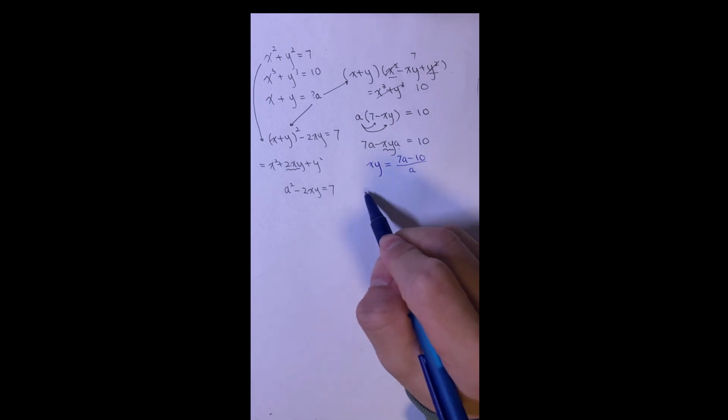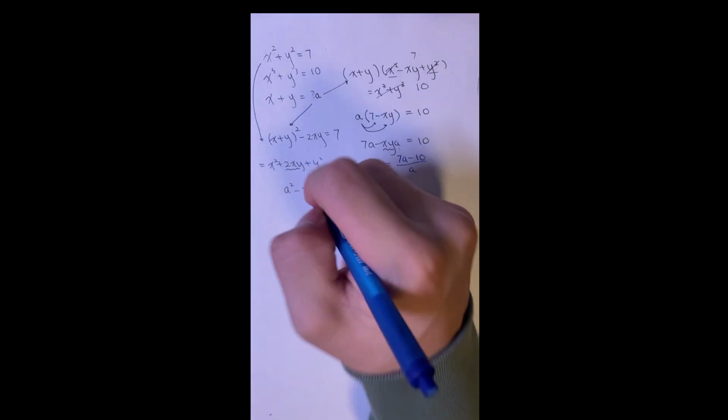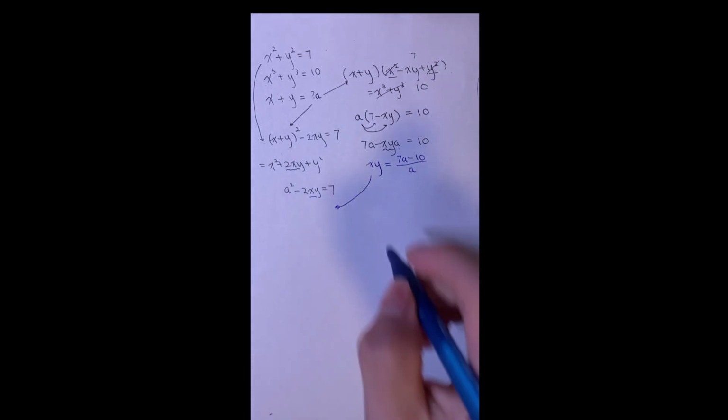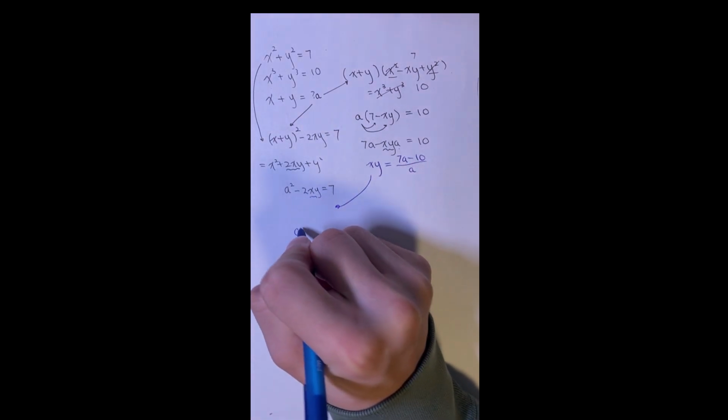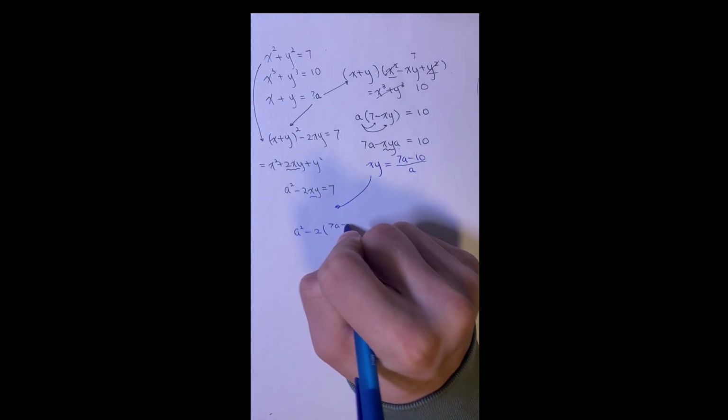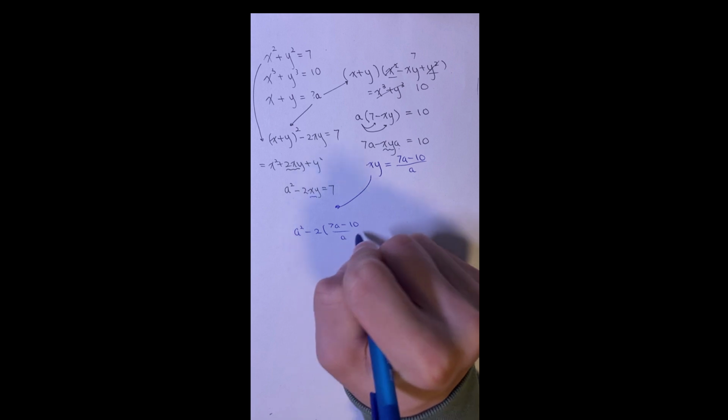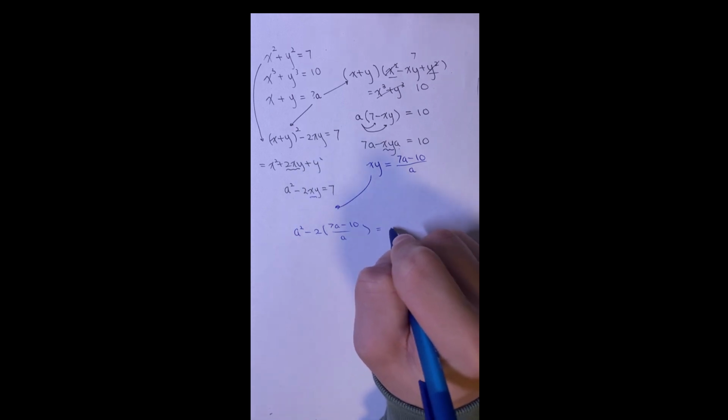That is what we can input into this equation. So a squared minus 2 times (7a minus 10) divided by a equals 7.